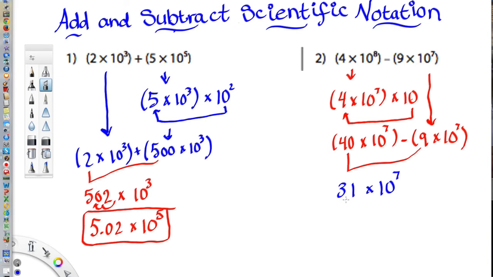Okay, is this scientific notation? No, it's too high. I need to move this over 1, and now I have 3.1 times 10 to the 8th power, because I need to kick this out 1 to get 31, and then I need to have my exponent be a 7.